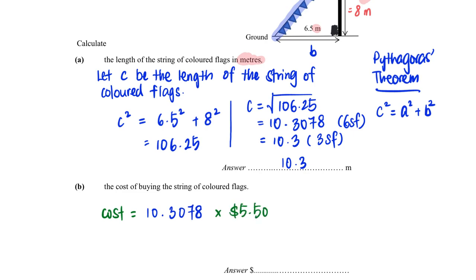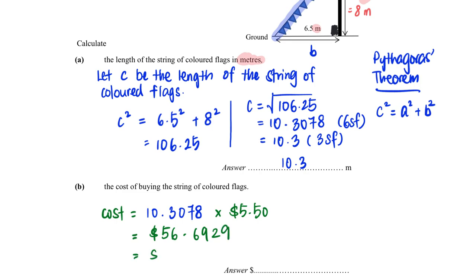For each meter, it is $5.50. So this will actually allow us to find the final answer, $56.6929.